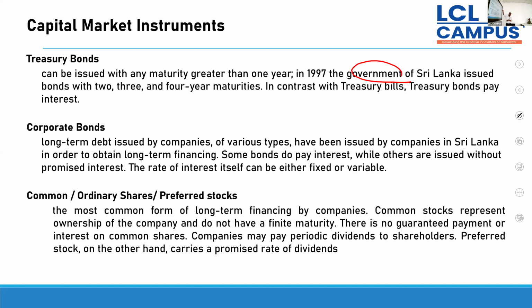In contrast to treasury bills, what is the specialty of treasury bonds? You earn interest on those bonds. For the treasury bills, do we have interest? No. For the treasury bonds, you can earn interest.